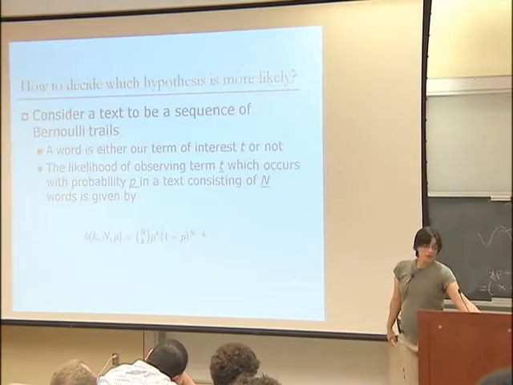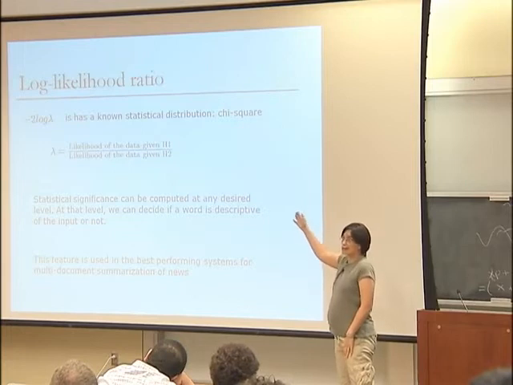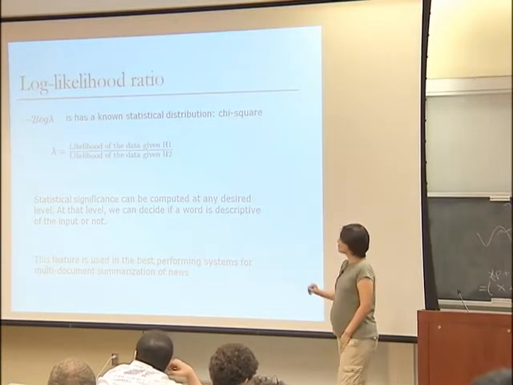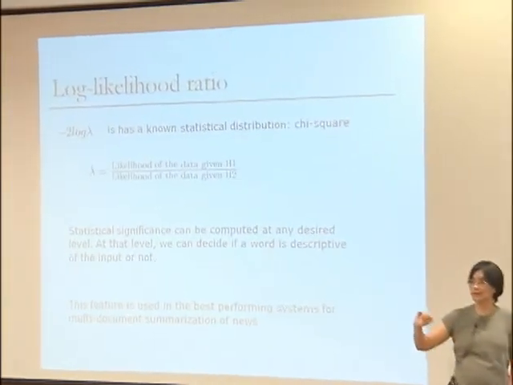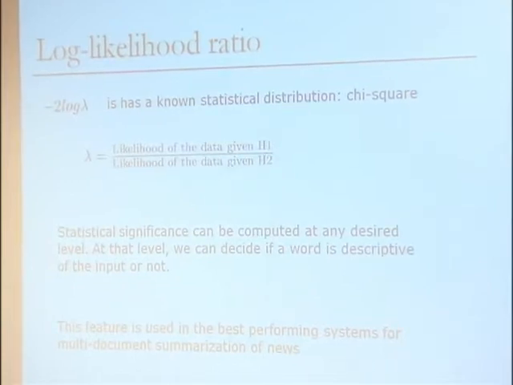So this is all you need to actually compute this likelihood. So you have the likelihood of the data, what you observe in your T and NT, divided by the likelihood of the data given the second hypothesis. And you can compute this just using binomial distribution. Even after all this talking, ultimately, what do you do? You count words.